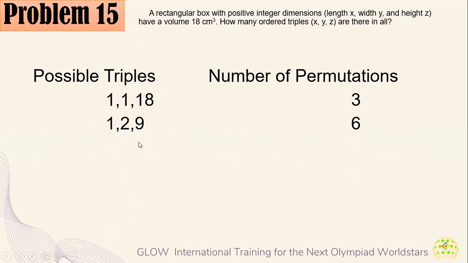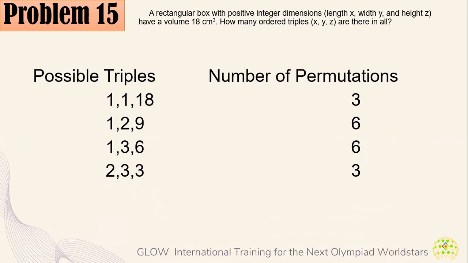Those are all the 6. And you could also have 1, 3, 6, and there are 6 arrangements for such. You could also have 2, 3, 3. And there are 3 arrangements for 2, 3, 3: we have 233 itself, 323, or 332.